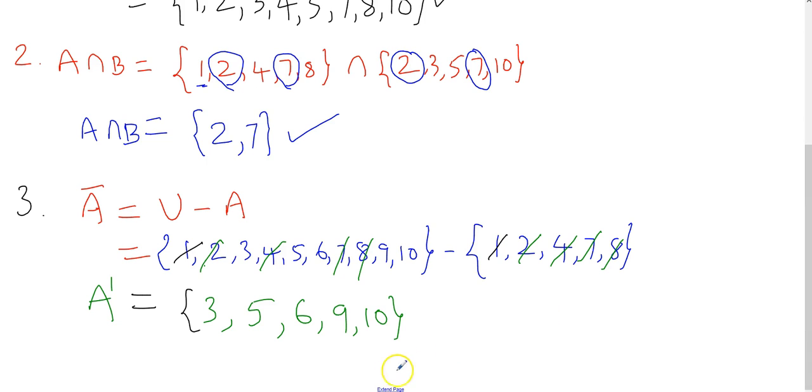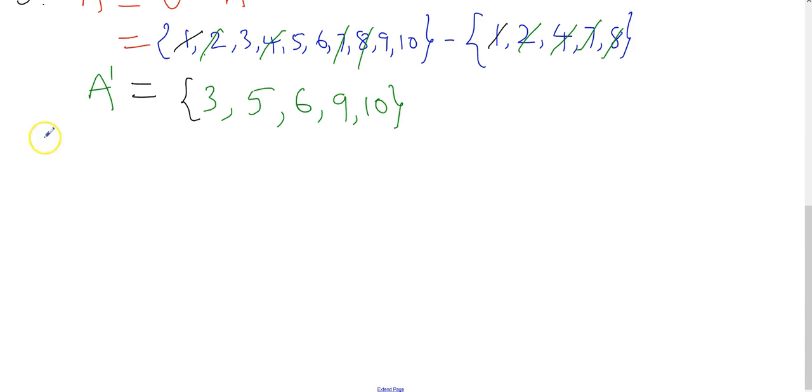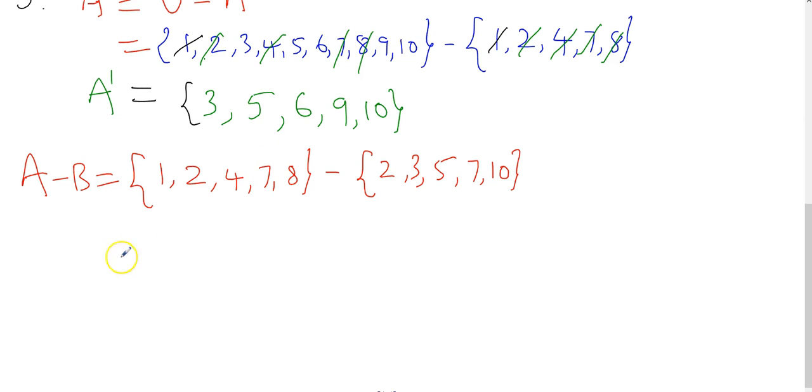Okay, now the fourth and last, let us look at A minus B. To find A minus B, we have to take only those elements of A which are not there in B. So 1 is present in A but not in B. I'll write down 1. 2 cancels out. 2 and 2 gone.